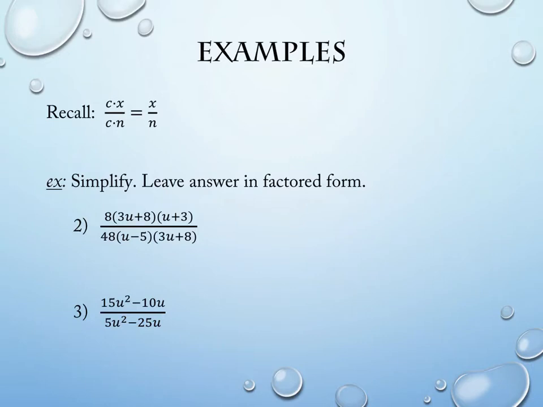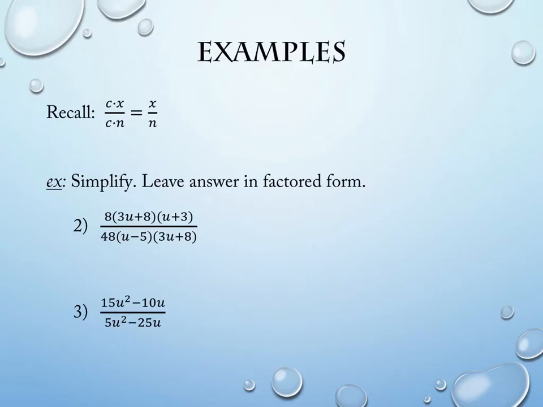So we're going to talk about simplifying expressions that have not just numbers in them, but variables as well. On the first one, problem number 2, you'll notice that it's already in factored form. I already have everything in the little parentheses, nice and neatly factored. What we want to do is reduce it, based on what we just said above, by anything they have in common from the top to the bottom.